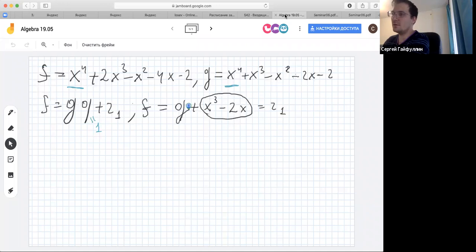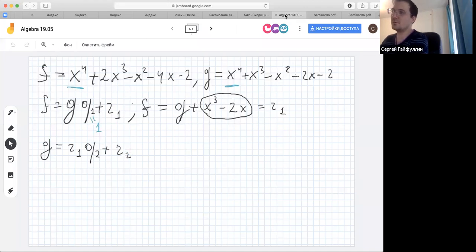And then I need to divide g by R1. So here would be q2, and I write that g equals R1 multiplied by q2 plus R2.